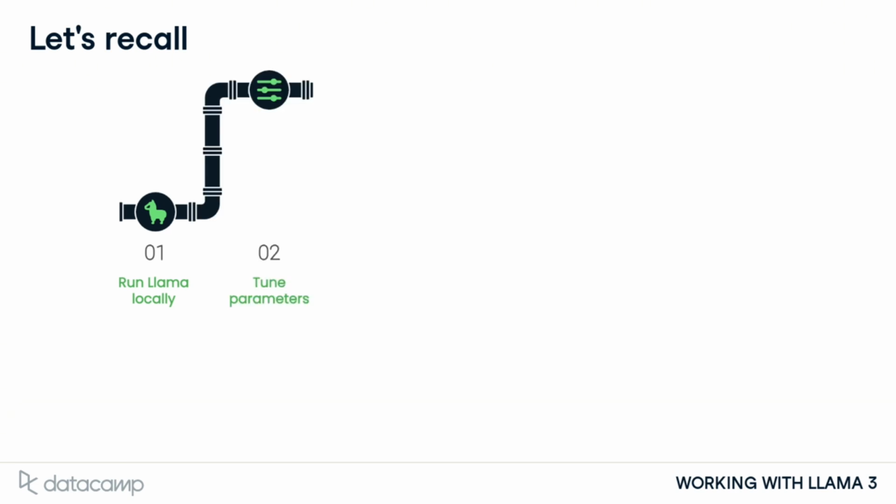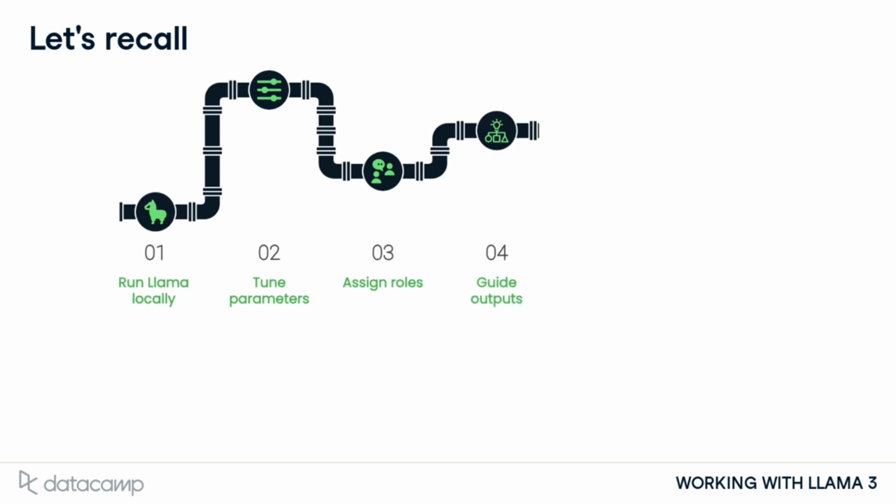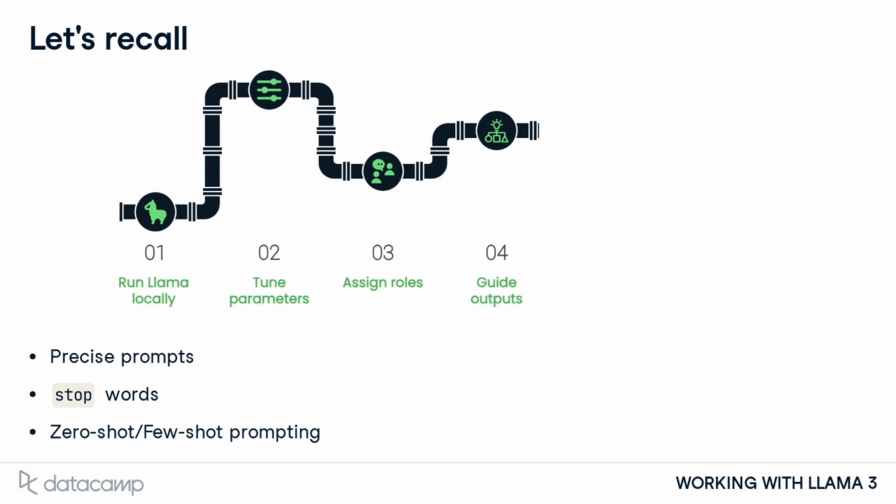Next, we explored tuning decoding parameters like temperature, top K, and top P to control response behavior. We then looked at assigning roles within Llama conversations, customizing the assistant's behavior for specific tasks. To make responses more relevant, we guided unstructured outputs using precise prompts, stopwords, and prompting techniques.